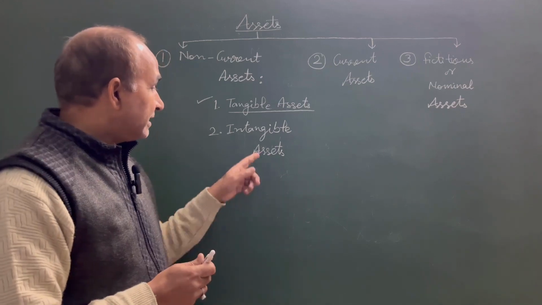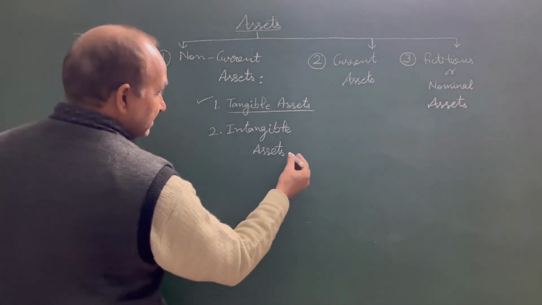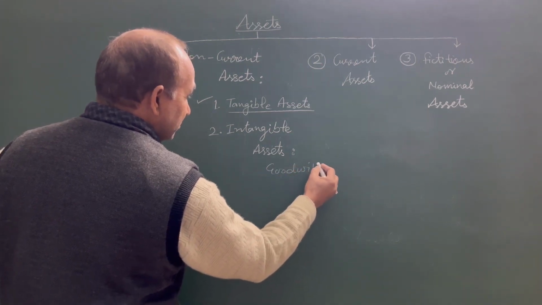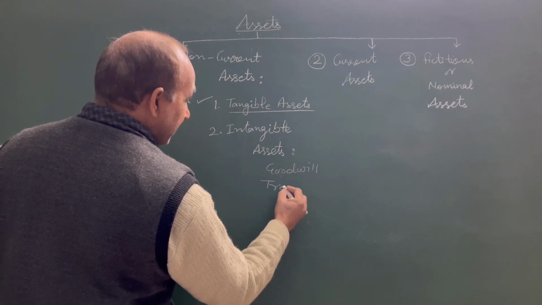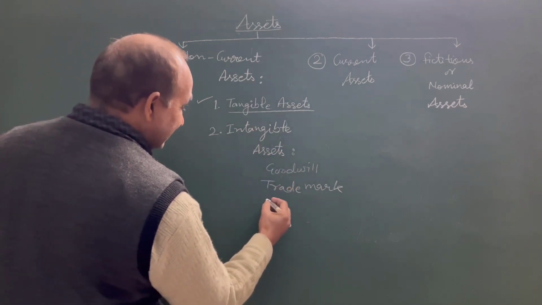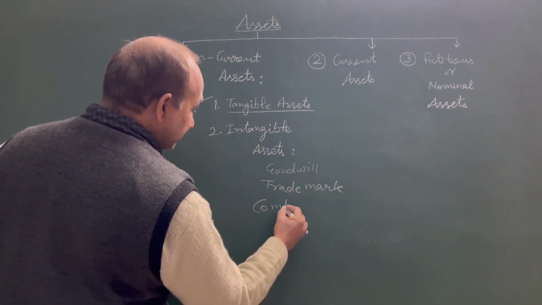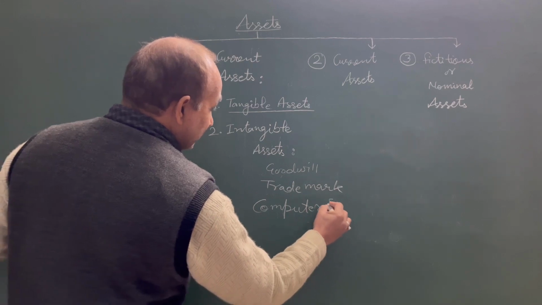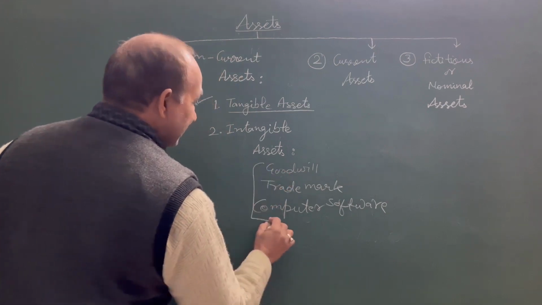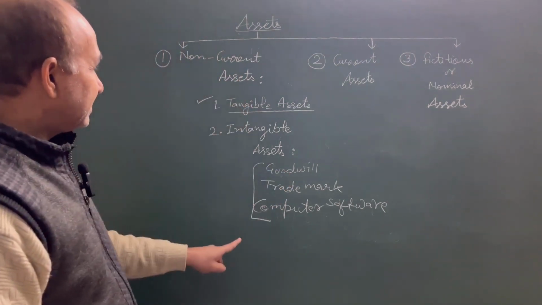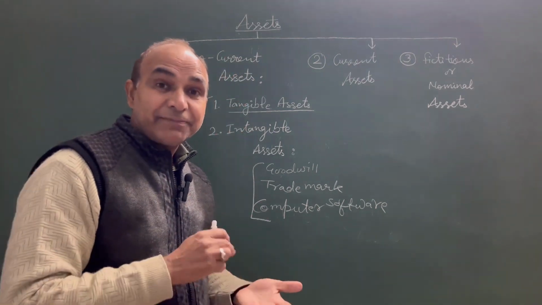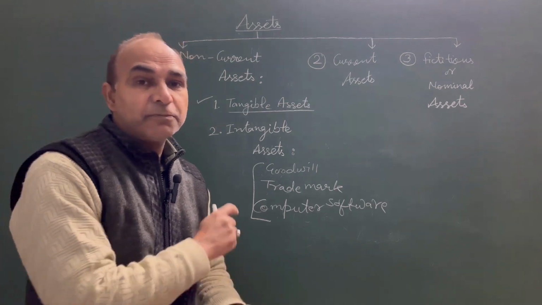The examples of intangible assets, I write up here, just listen: goodwill, the reputation of the business; trademark; and computer software. So non-current assets are of two types, tangible and intangible, but all are long-term assets and they provide benefit to the business for a long period of time.